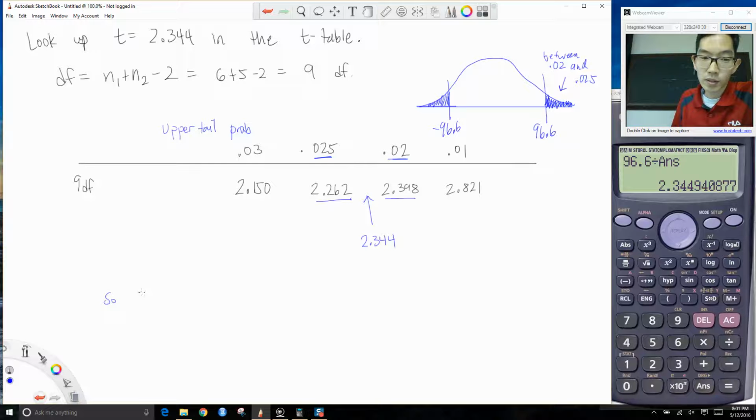All right, and so what's the total area going to be in between? So the total area is between 0.04 and 0.05.